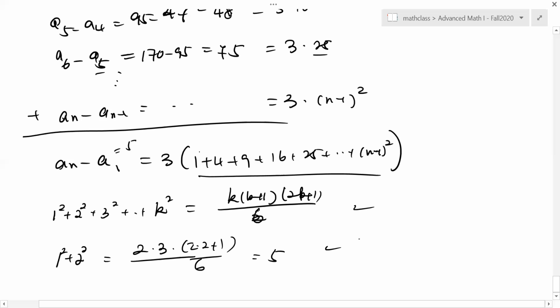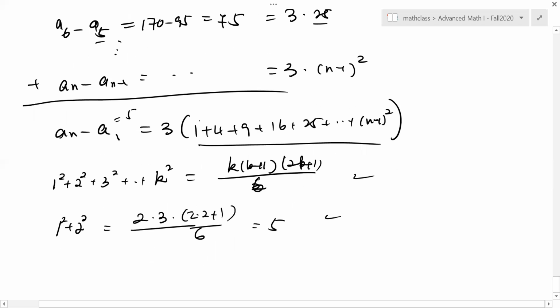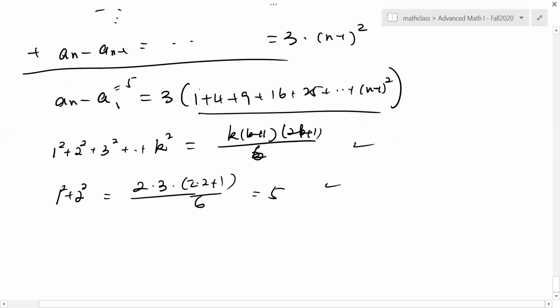Sometimes you're not sure from your memory, and you have no idea. Okay, double check for a few values. So using that, then you have 6 here.